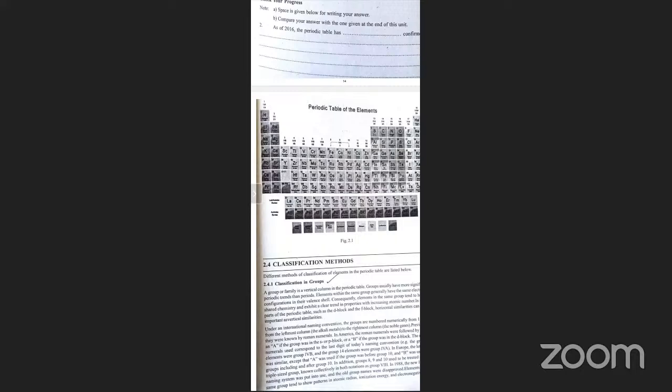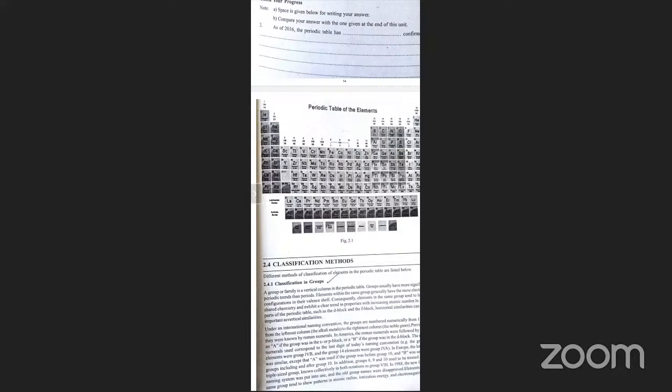Under an international naming convention, the groups are numbered numerically 1 to 18, from the leftmost column, the alkali metals, to the rightmost column, the noble gases. Just as you see in this one.